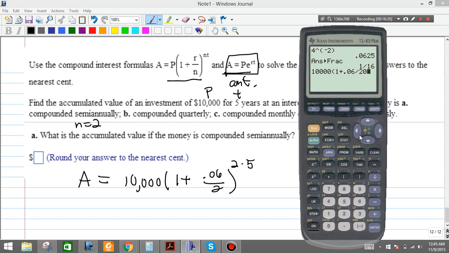Close parentheses. Raised to the parentheses 2 times 5. I could put 10, but I'm about to change this answer in just a second. So $13,439.16.